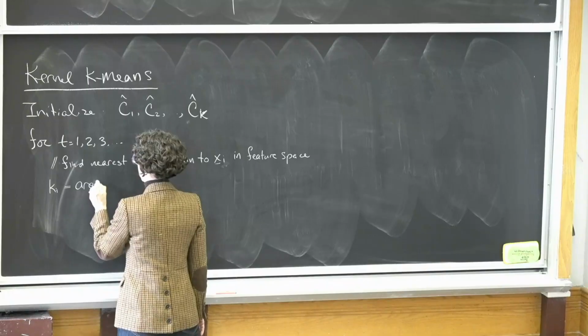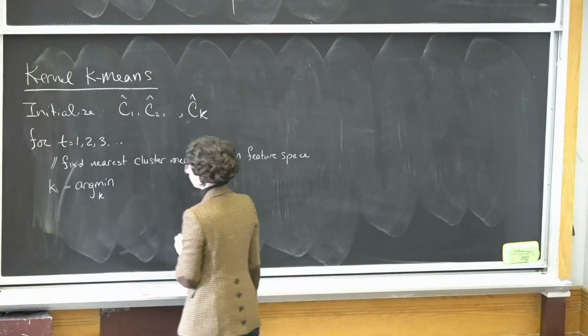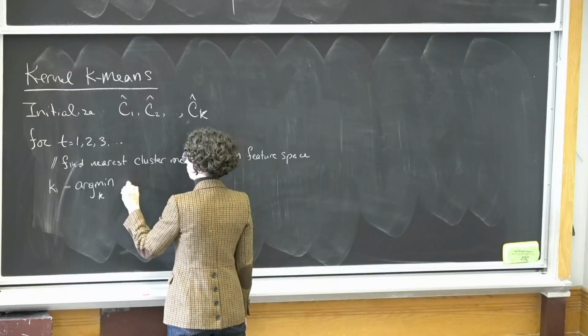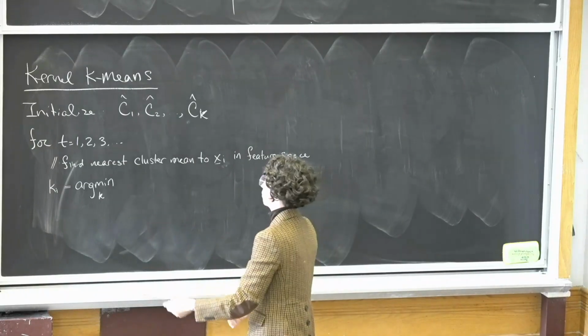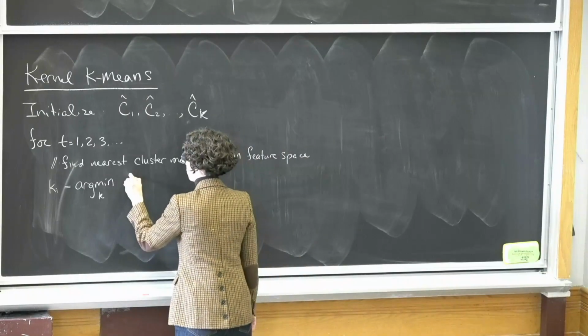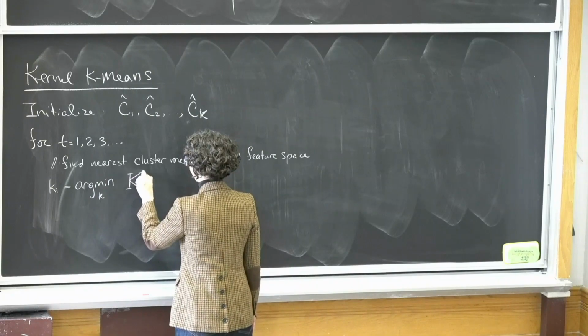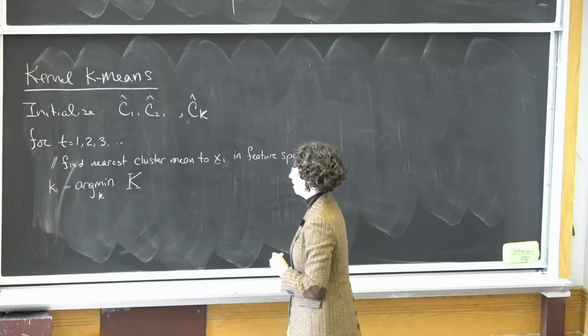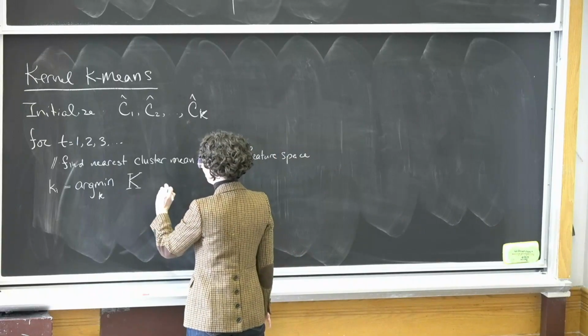So we're going to compute the argmin over all clusters K of this objective that we mapped out on the other board. And now I'm going to try to write my kernel function in a way that's not totally confusing. I'll put a little brackets on it so that we don't confuse it with all the other K's in here.